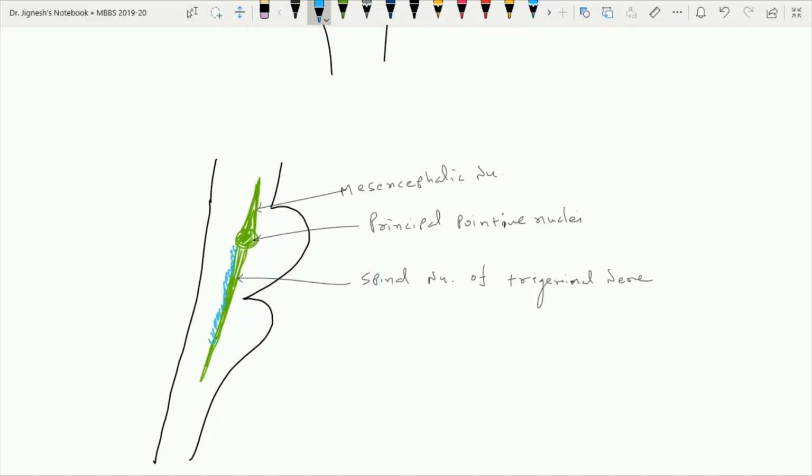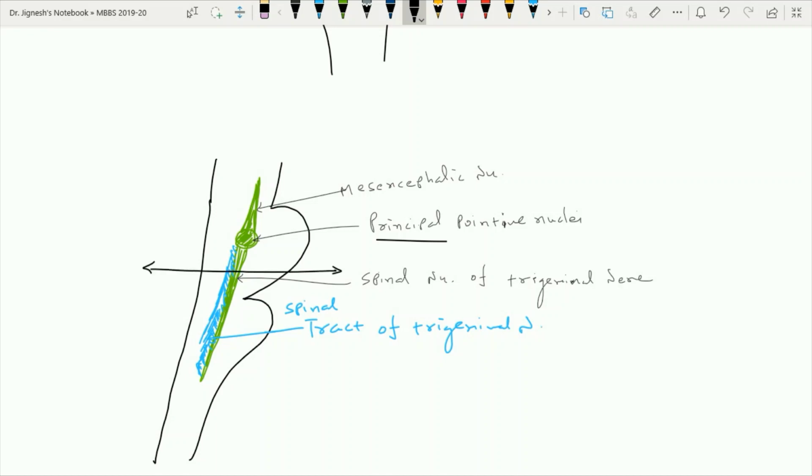From the spinal nucleus, the fibers pass upward, and these fibers are called the tract of the trigeminal nerve. So when we take any section of the pons below the principal pontine nucleus, we will find the spinal nucleus of the trigeminal nerve covered with the spinal tract of the trigeminal nerve.